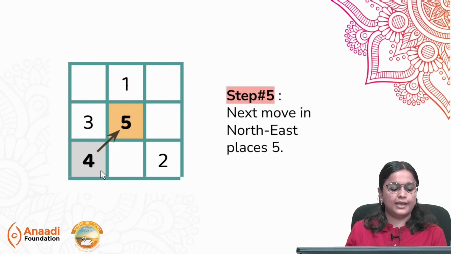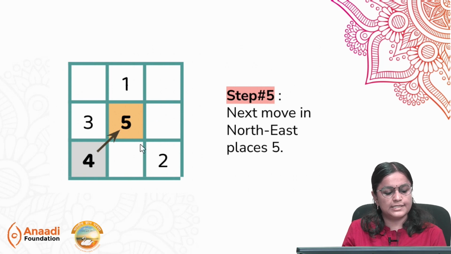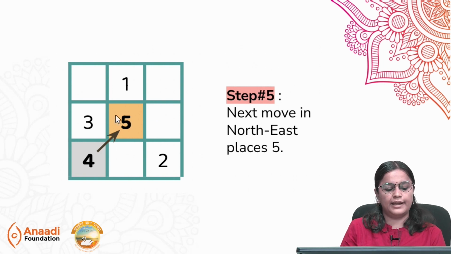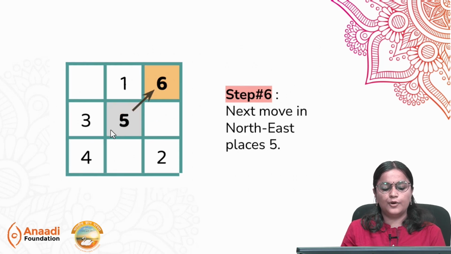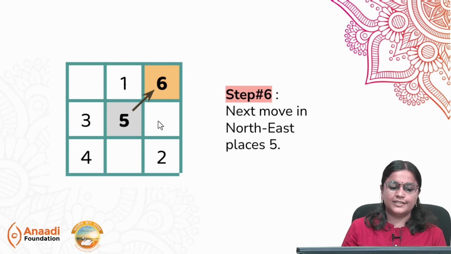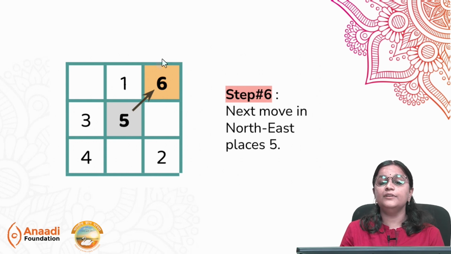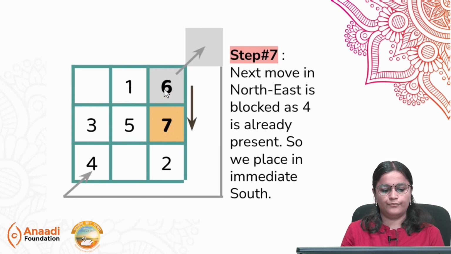Moving northeast again from the number 4 is fairly easy because we have an empty space here in the northeast and we will write our number 5 there. From 5, again moving to northeast is easy, where we will place our number 6. Now let's say from number 6, where do we place number 7, which is our next? Then in the northeast direction.